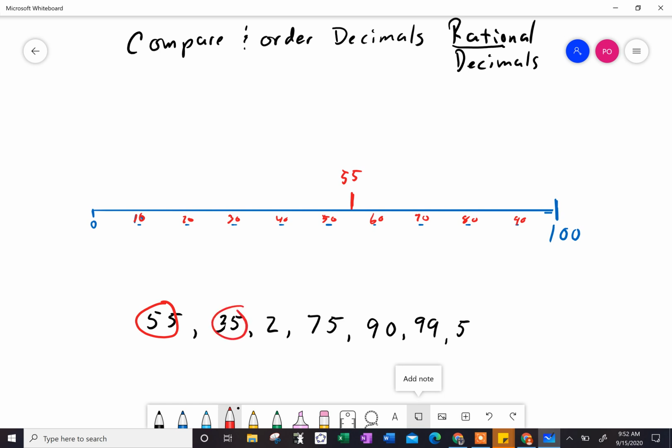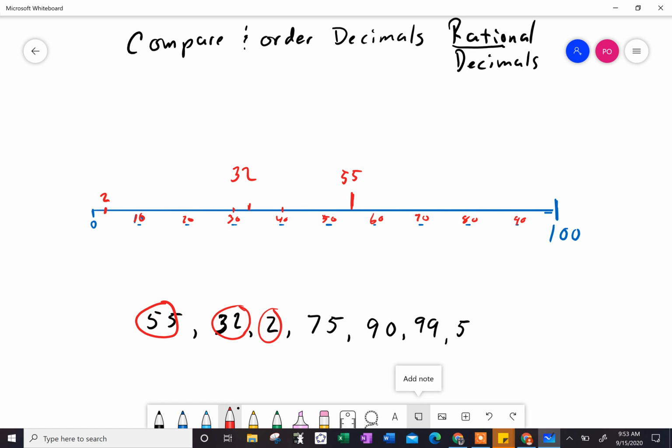Let's use 32. 32 would be between 30 and 40, but it'd be closer to 30 than to 40. So I'm going to say maybe right about there. That's probably about 32. 2 is between 0 and 10, but once again, 2 is really close to the 0 and not really close to the 10.